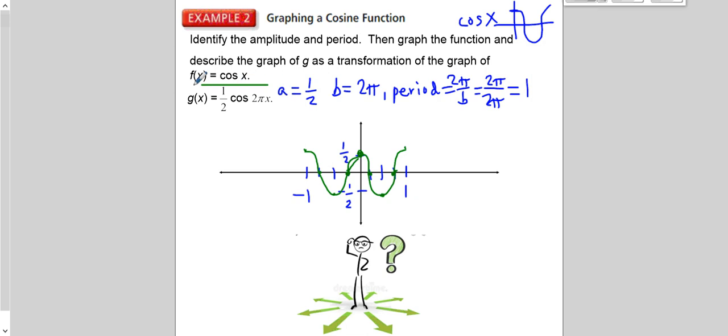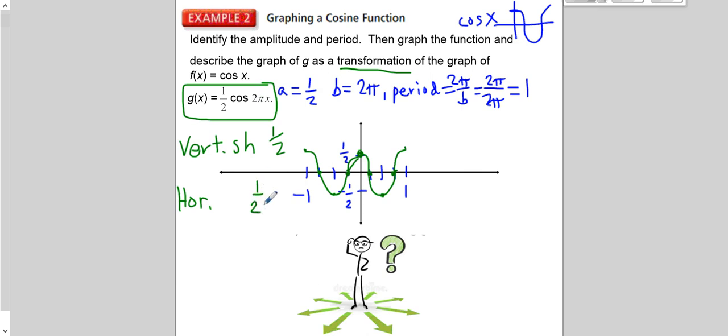And we just graphed g of x equals 1/2 times cosine of 2 pi x. What kind of transformations do we have? We have a vertical shrink by 1/2, and we have a horizontal something by the reciprocal of 2 pi. 1 over 2 pi.